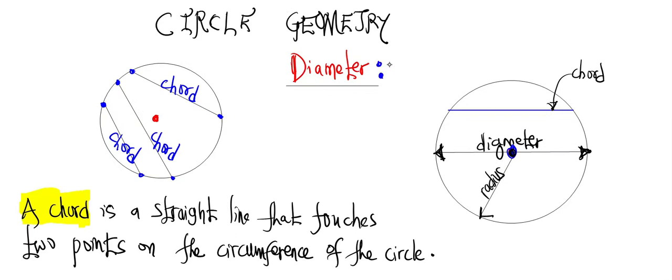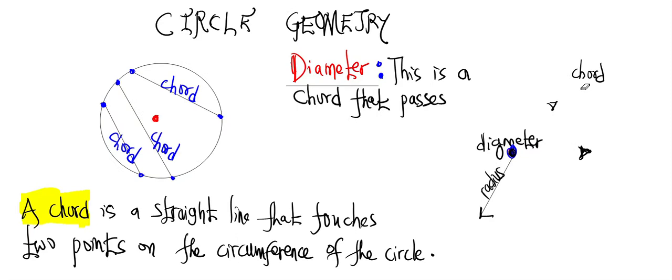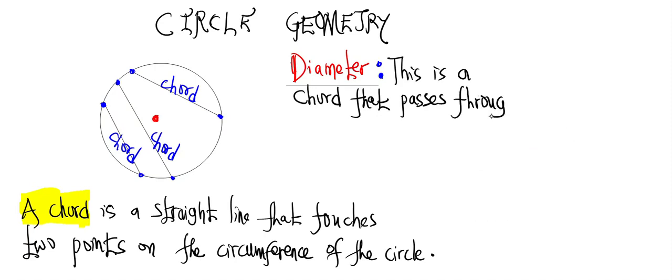Fundamentally, the diameter divides the circle into two equal halves.